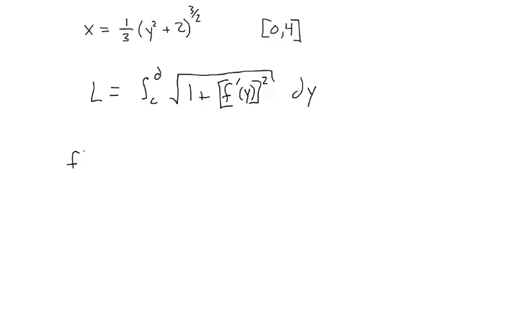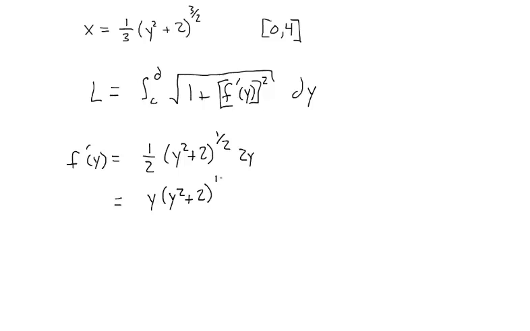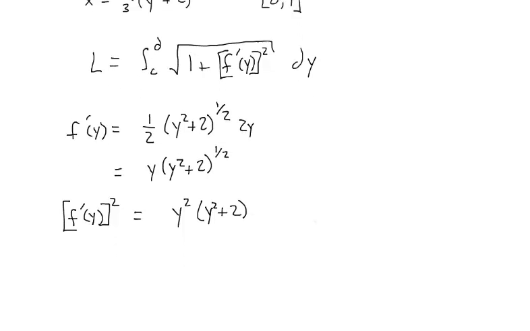So f prime of y is equal to 3/2 times 1/3 is 1/2 y squared plus 2 to the 1/2 times 2y, and we can simplify that to y times y squared plus 2 to the 1/2, and now we need to square it, so f prime of y squared is equal to y squared times y squared plus 2, and now we want to add 1 to that.